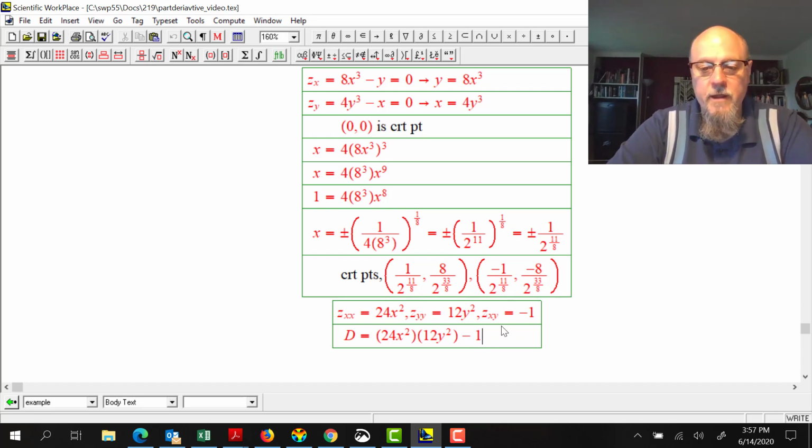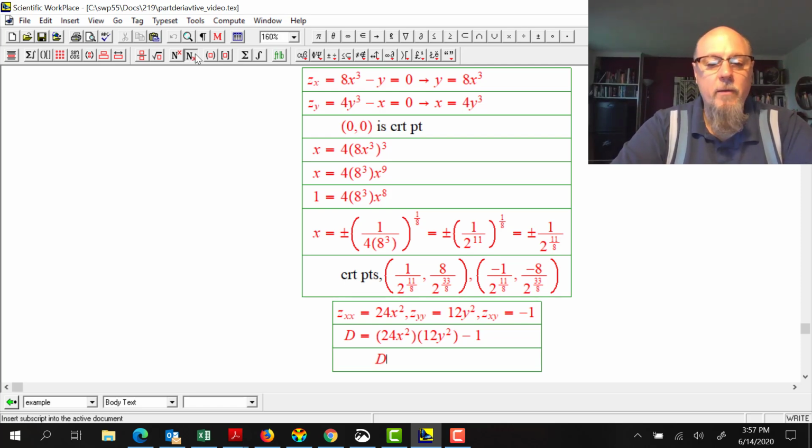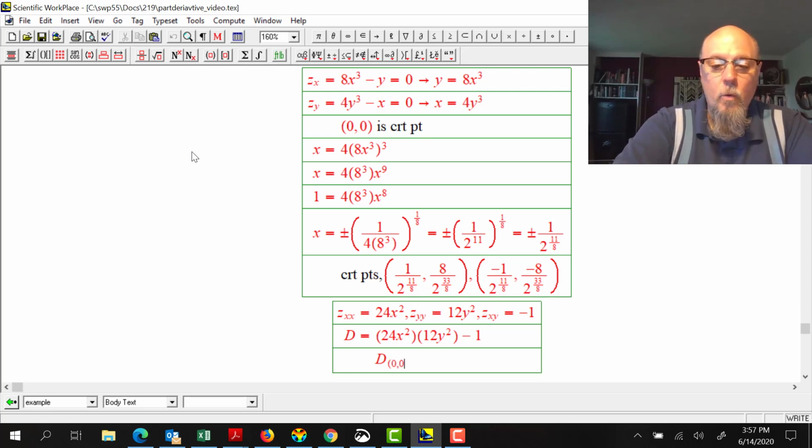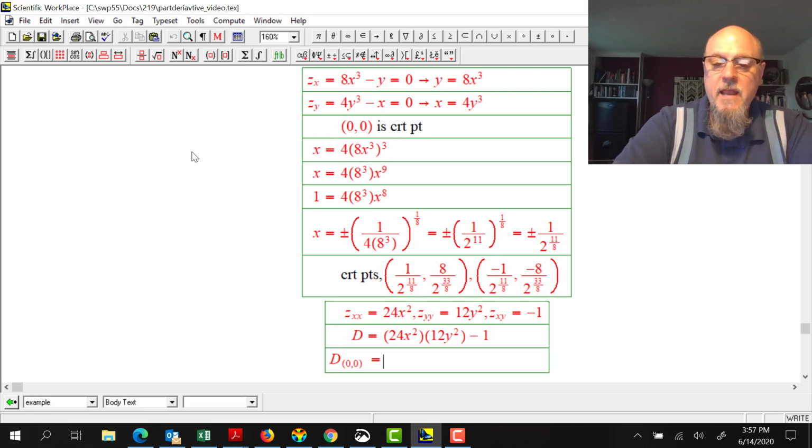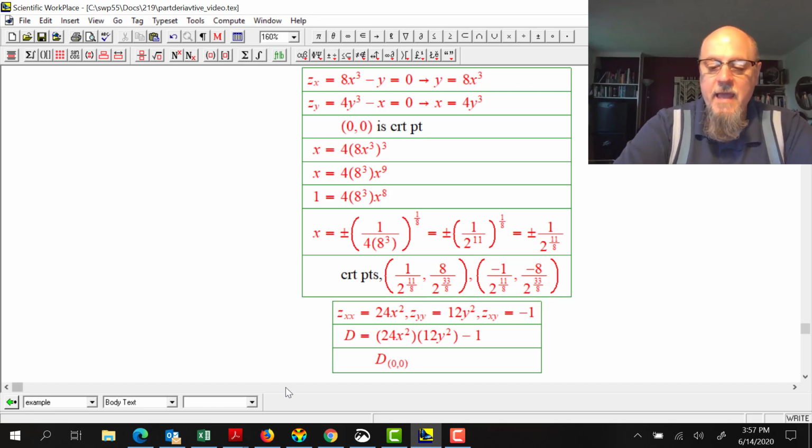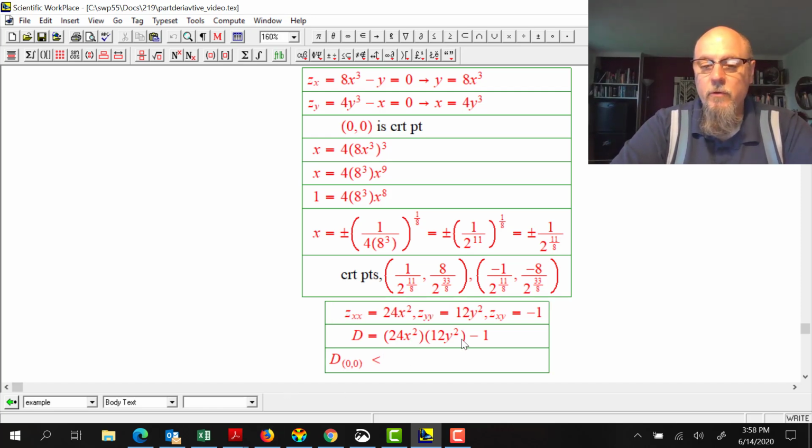Minus 1 squared is 1. So there's the D part. Now I need to use it to classify all 3 of my critical points. So I'm going to write it like this: D, with a subscript at the origin. I'm going to plug in x equals 0 and y equals 0, and I get minus 1, so it's less than 0. So that means the origin is a saddle point. Done.